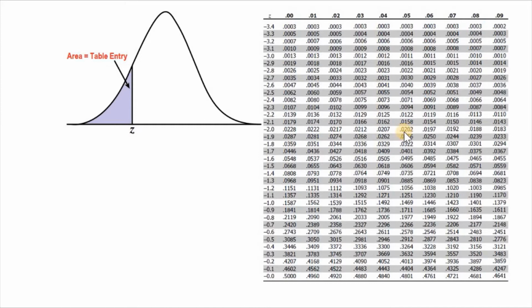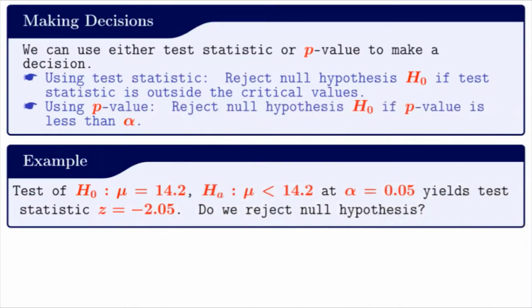So that gives us 0.0202, this value here. So therefore, let me write that down here. So therefore, our p-value is 0.0202.